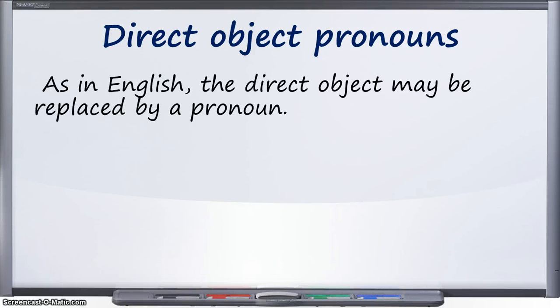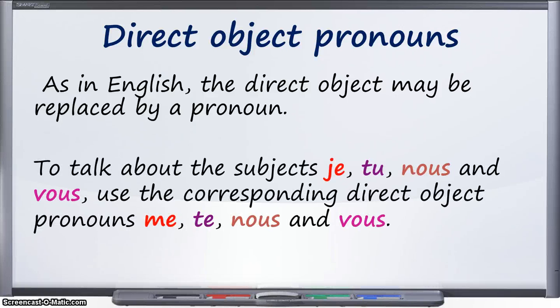Now, as in English, the direct object may be replaced by a pronoun. Whenever you want to talk about a subject such as je, tu, nous, and vous, we use the corresponding direct object pronoun.